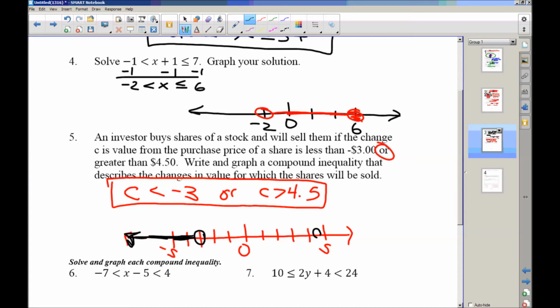So there's an open circle at 4.50, and I shade this way. So as long as the change in the stock price stays between -3 and 4.50, nothing happens. If the stock goes above 4.50 change, we'll sell it. Or if the stock goes below a -3 change, we'll sell it. Okay. All right.